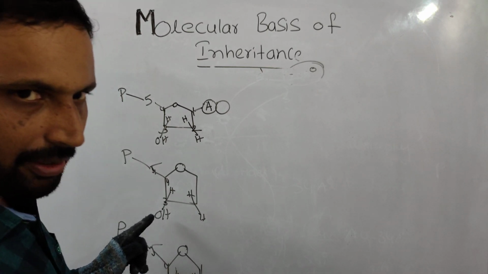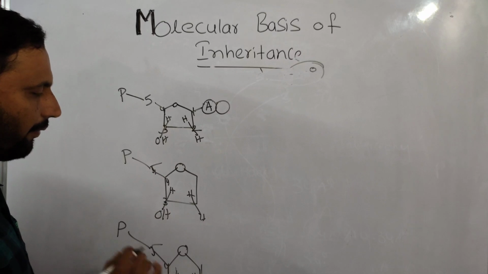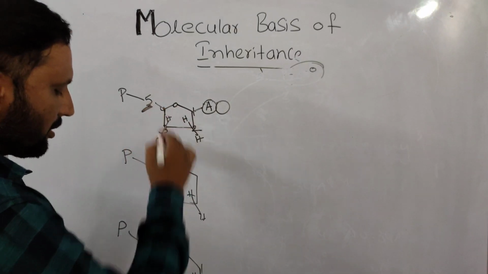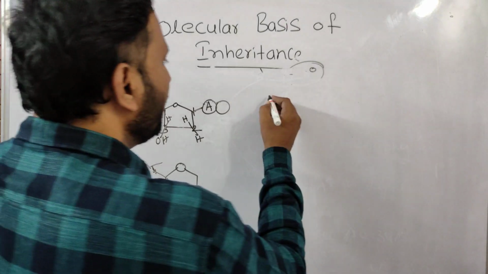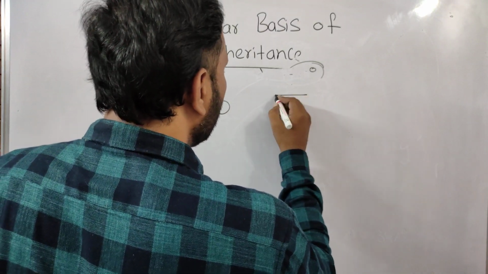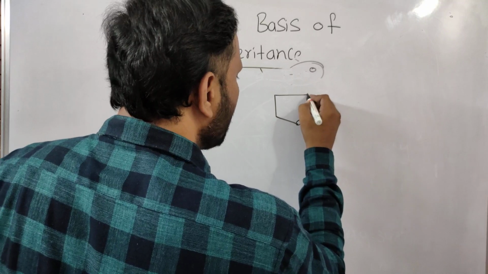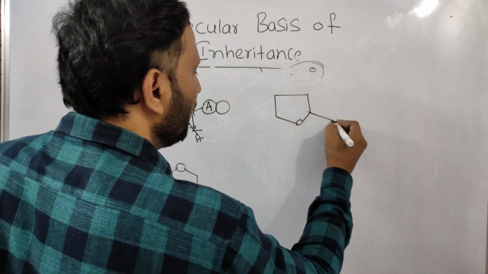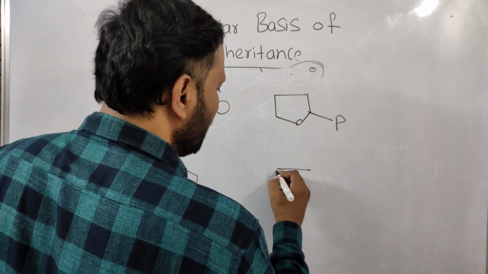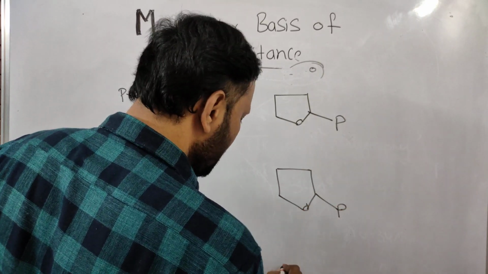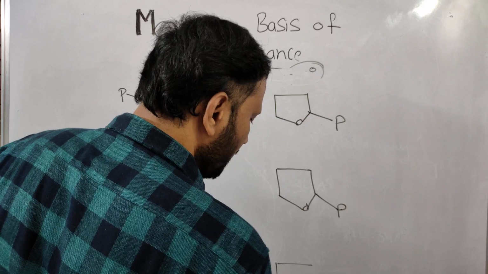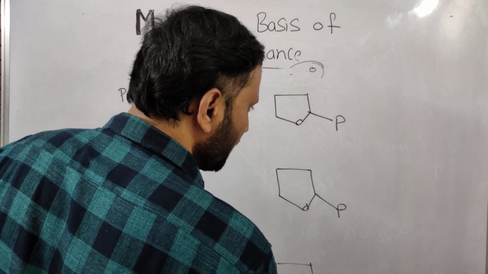So fifth starts and third ends in one strand. I am drawing here: this is the sugar, and here phosphate, and this is the sugar, and this is phosphate, and here sugar, and it is phosphate.